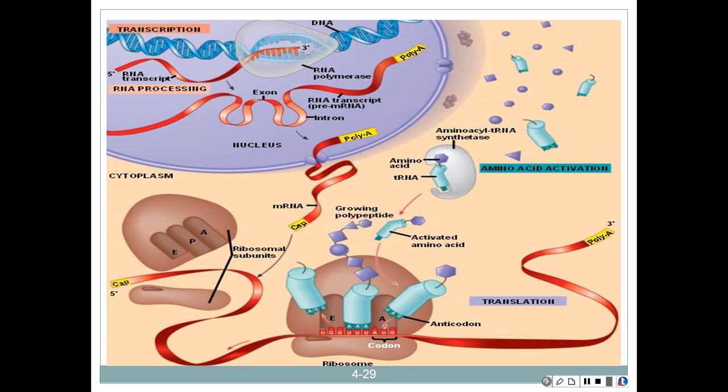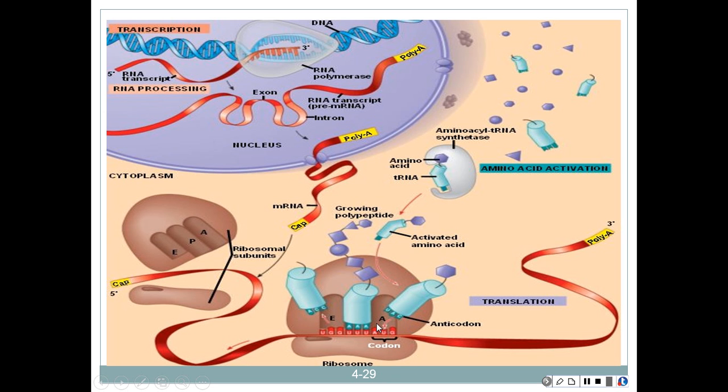So the initiator tRNA now is just sitting in here, with the amino acid attached. This initiator tRNA with the anticodon AUG pairs with the very first codon.